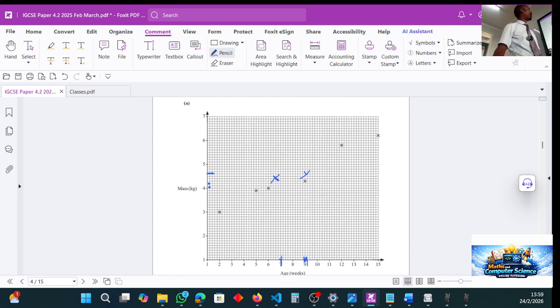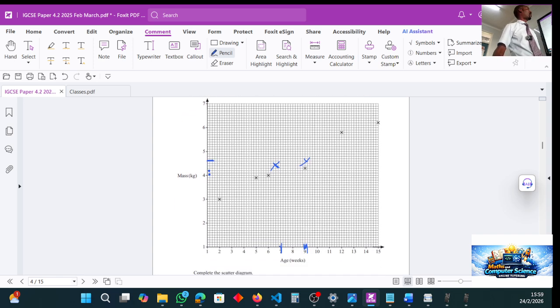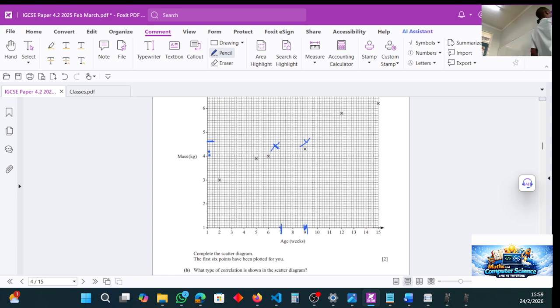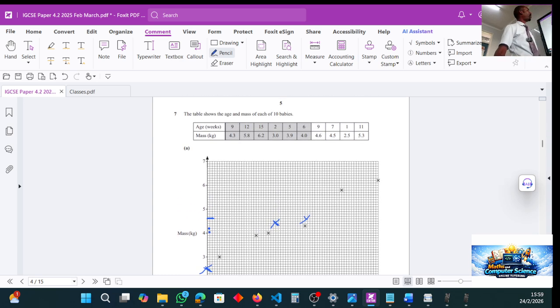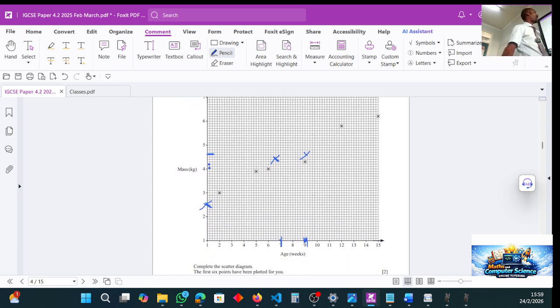Then, still proceeding, the next one is 1 and 2.5. 1 is here and 2.5 is somewhere there. Then finally we have 11 and 5.3. 11 is here and 5.3 is somewhere there, where the two meet or intersect.